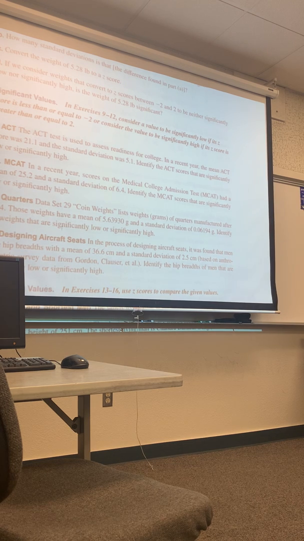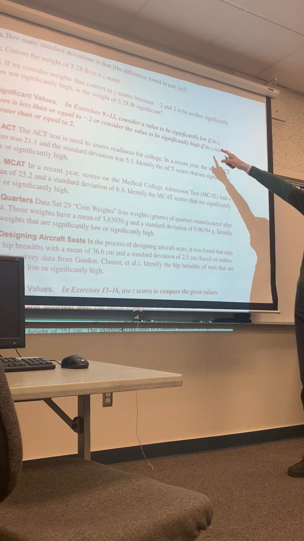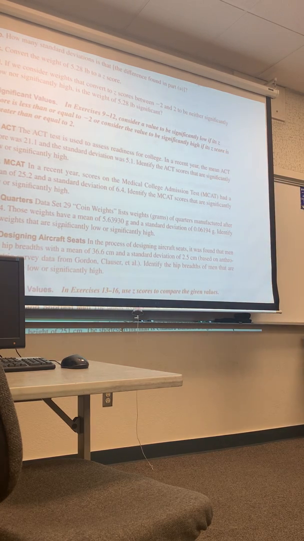What's the z? One more time? Let's say that one more time. So you can read here. A value is significantly low if its z-score is less than or equal to -2. It's significantly high if the z-score is greater than or equal to 2. A z-score of 2 means 2 standard deviations.